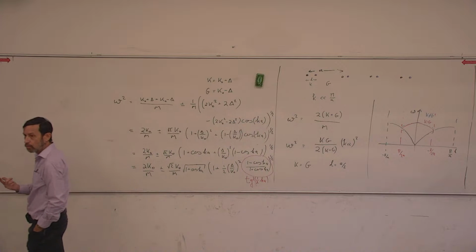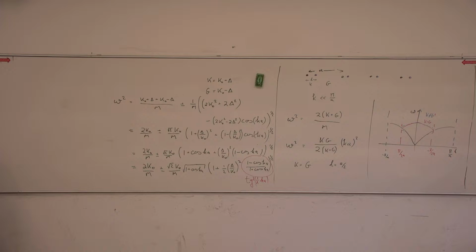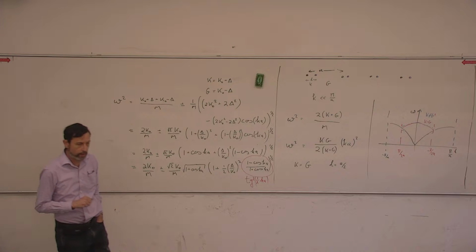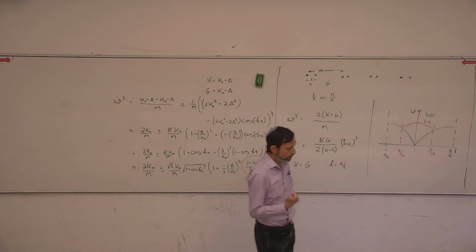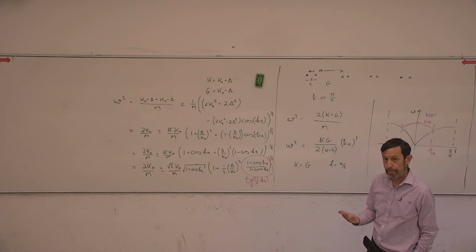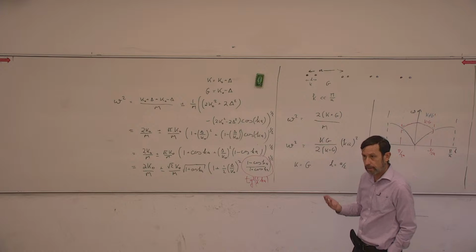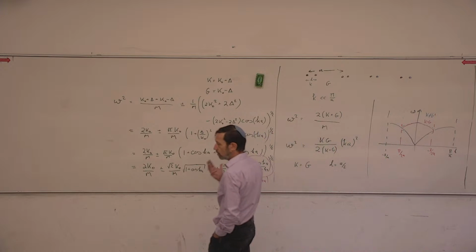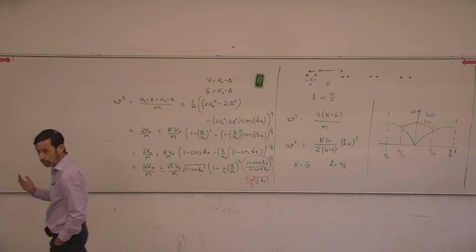If you have more than one, let's say n atoms per unit cell, you have one acoustic mode and n minus one optical modes, and optical in the meaning that when k goes to 0, omega doesn't go to 0.